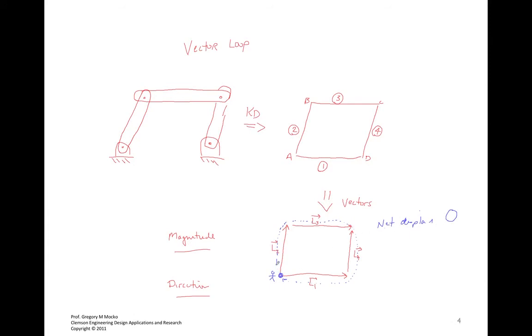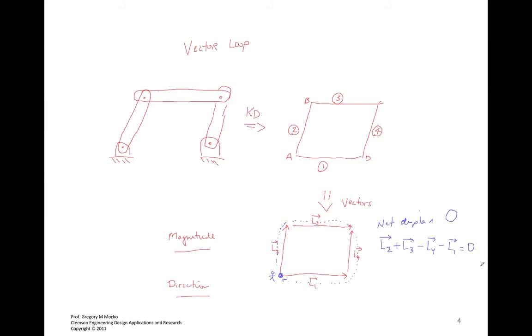Okay? Now, in order to get to this net displacement, I walked along these vectors. So actually, I walked along L2, and L2 is going in the same direction as me. I walked along L3, and L3 is going in the same direction as me. I'm in the opposite direction of L4, and in this case I'm in the opposite direction of L1.